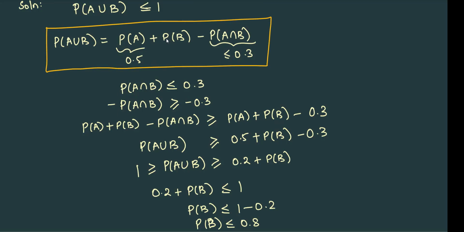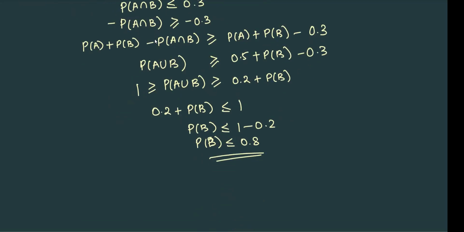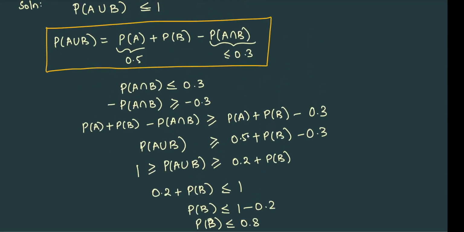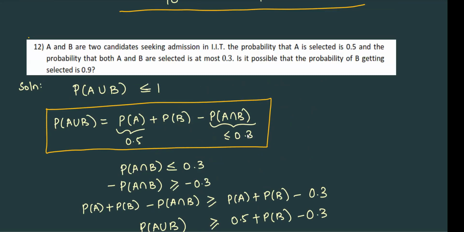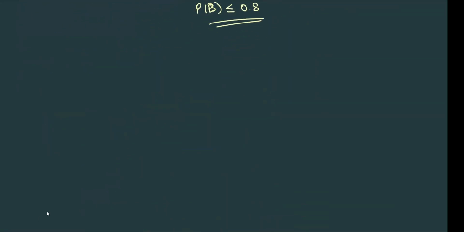So the maximum value P of B can take is 0.8. All right. So P of B should be less than or equal to 0.8. Clear? Next.